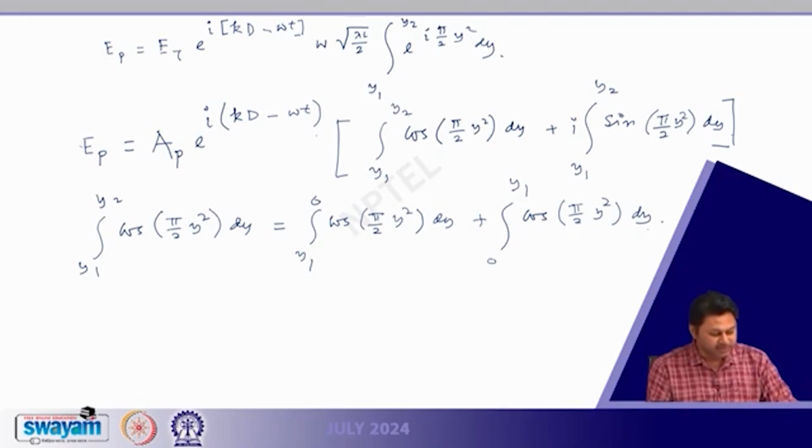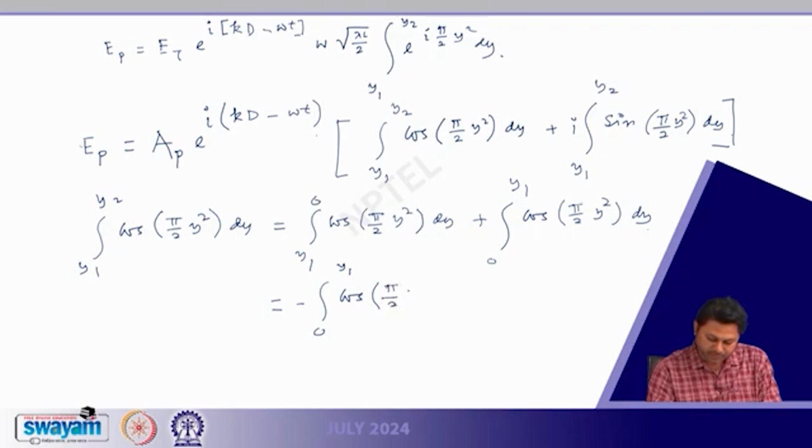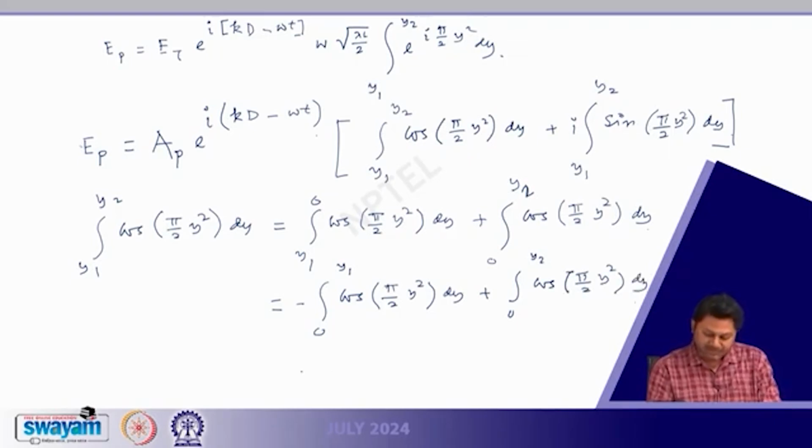After having this, I can change it, and that thing will be 0 to y1 cos of pi by 2 y square dy plus 0 to y2 cos of pi by 2 y square dy.